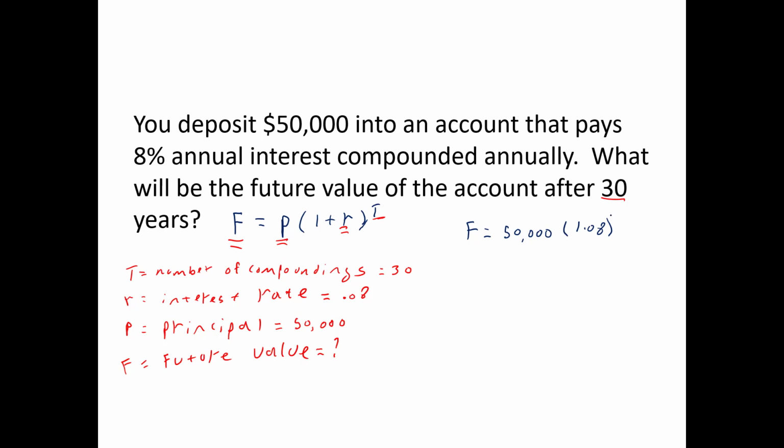And then T, number of compoundings, is 30. Then this just becomes a matter of punching this into the calculator. You need to figure out how to use your calculator, because how to use exponents and things of that nature. 50,000 times 1.08 raised to the 30th power.